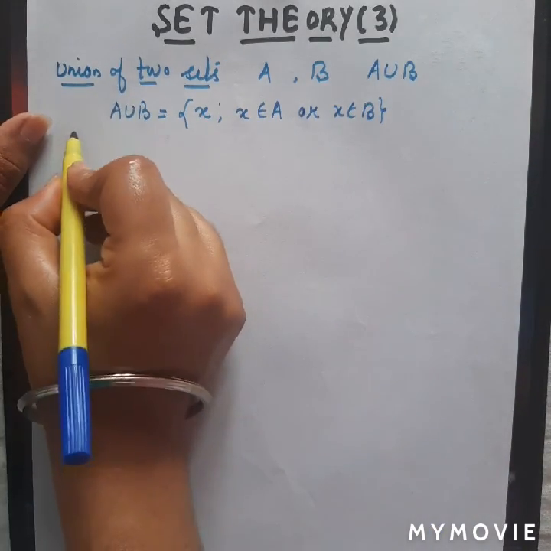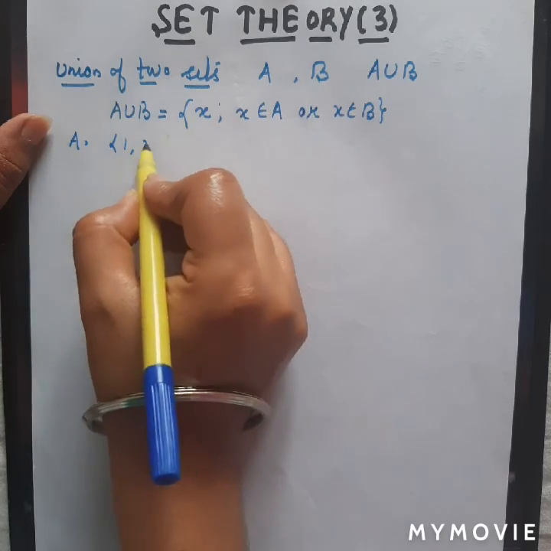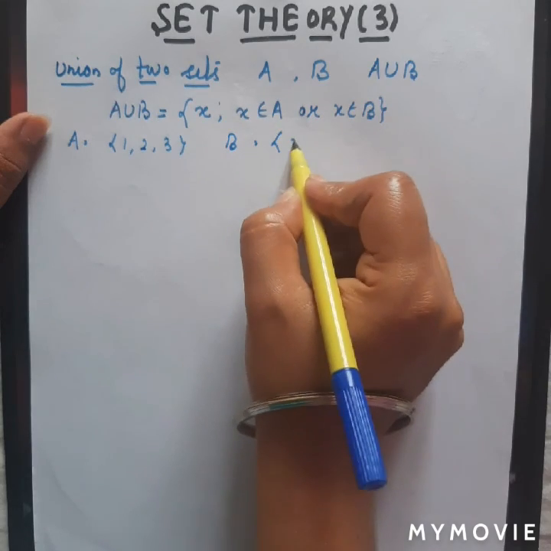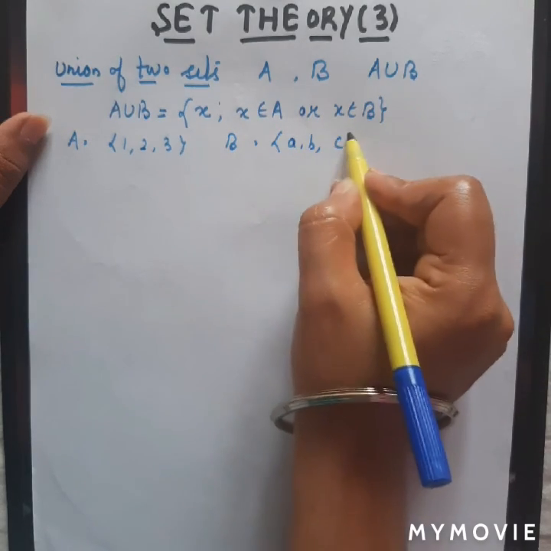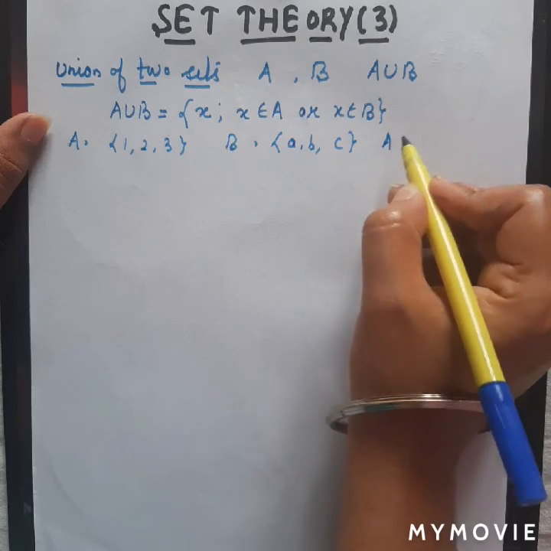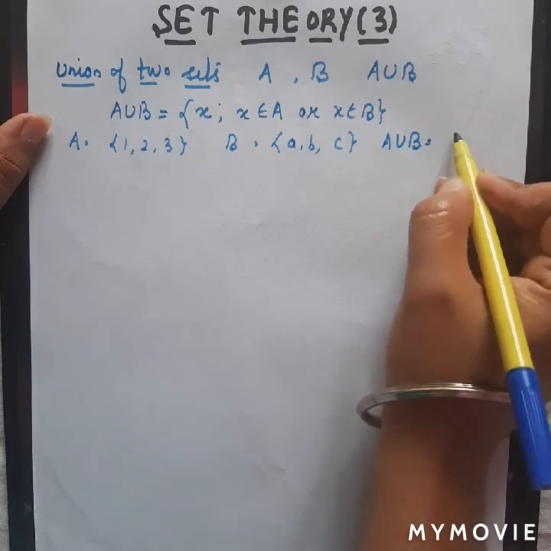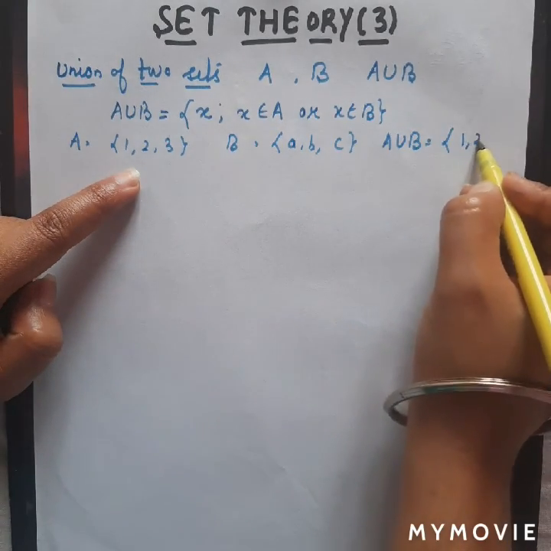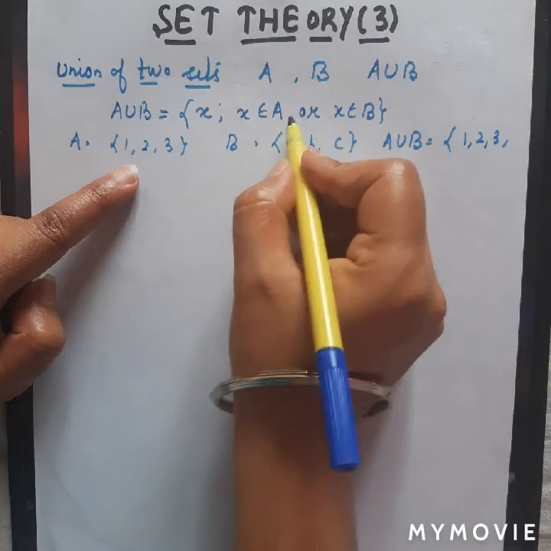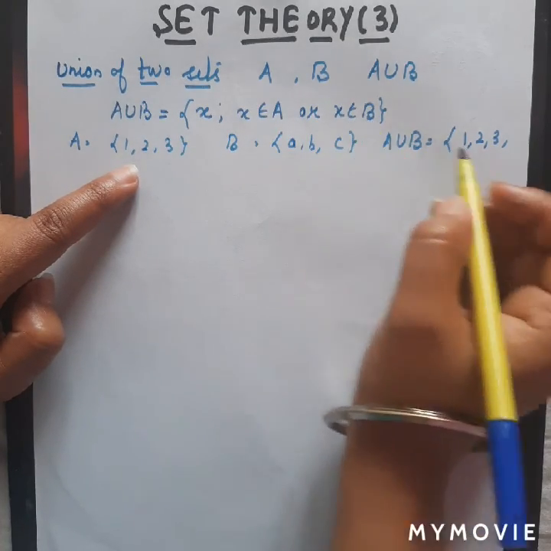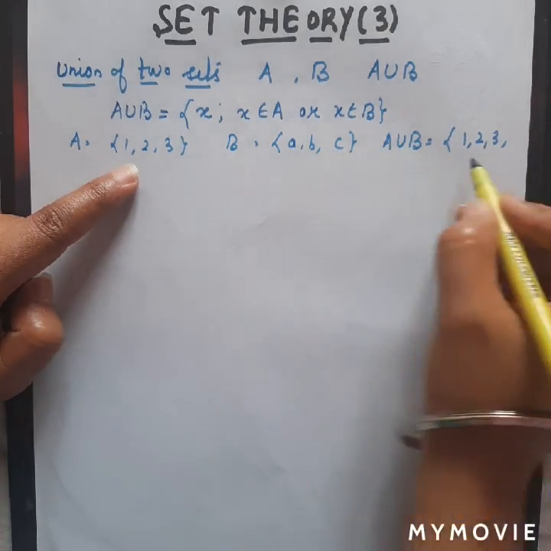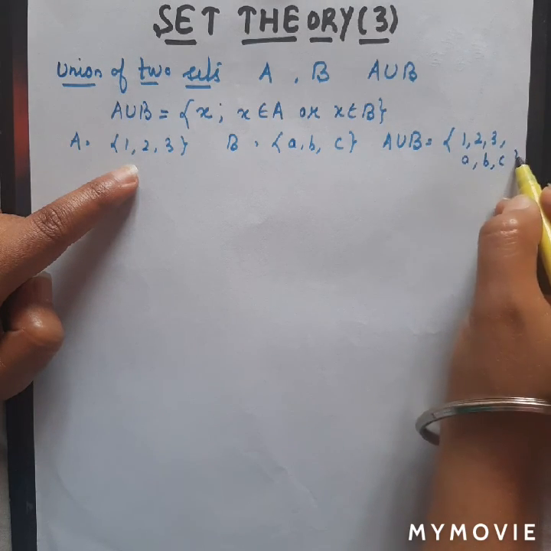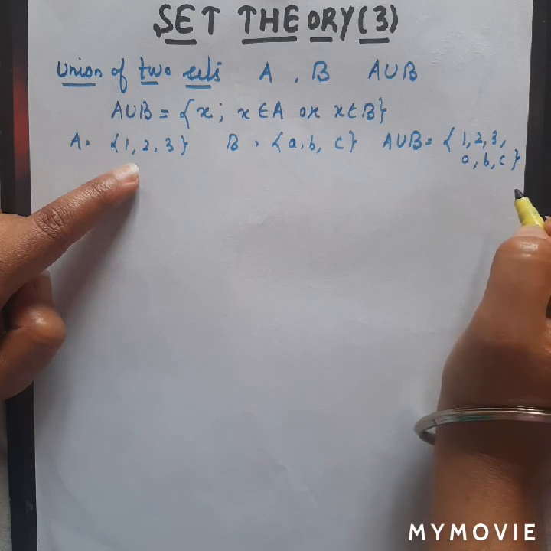So in case we have A equal to 1, 2, 3, B equals to a, b, c, then A union B will have all the elements X belongs to A. So we will write 1, 2, 3, then or X belongs to B. So we will write all elements of B also, a, b, c.